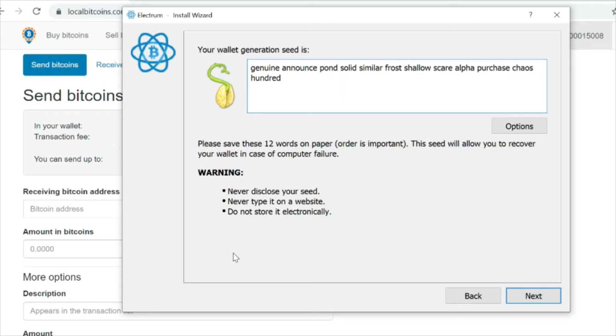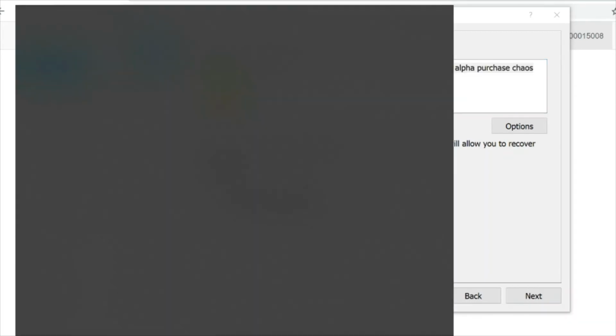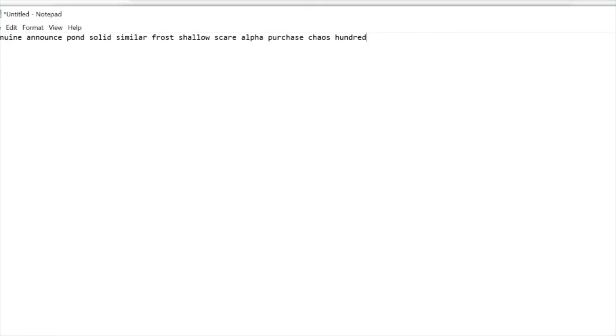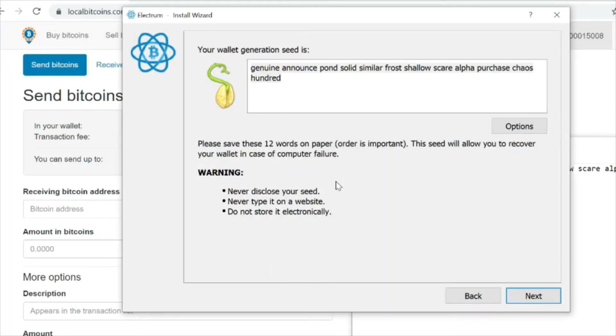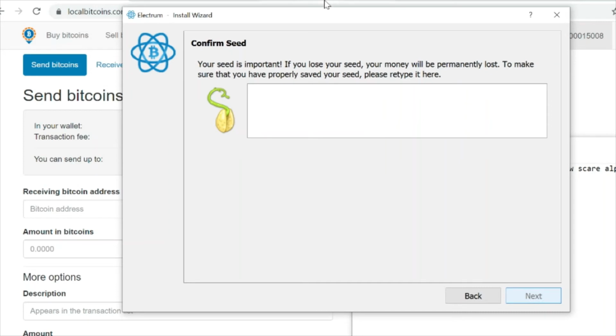Once you have it in a safe place, you can write it on paper, but for demonstration purposes, I just save it here so that I can demonstrate to you.